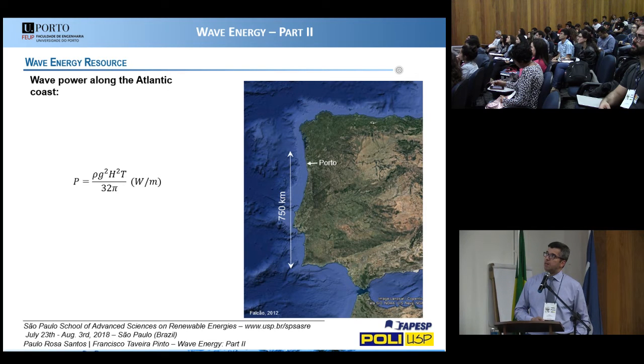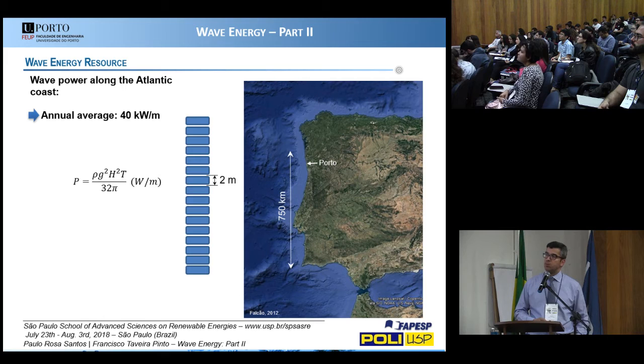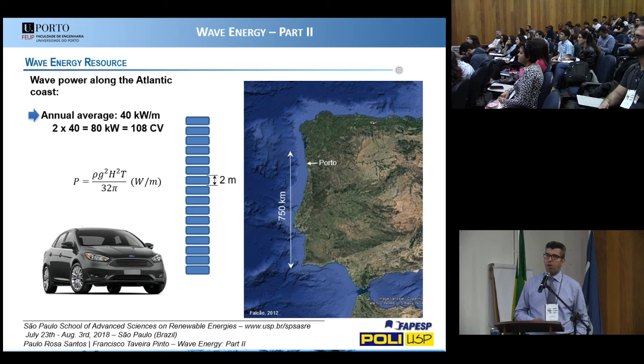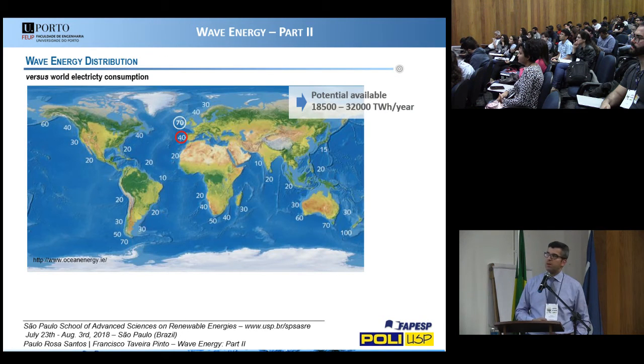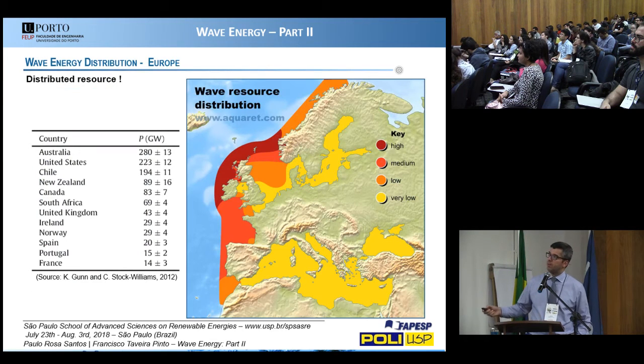Well, I already mentioned that in medium terms in Portugal, we have about 40 kilowatts per meter of wavefront. So in a 2 meters wavefront, we have the same power of a regular car. You already seen this picture, so the distribution of wave energy in Europe. So the Atlantic coast has a good resource, the Mediterranean less, because waves are smaller in the Mediterranean, because in the Mediterranean the fetch is smaller.